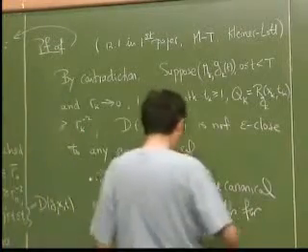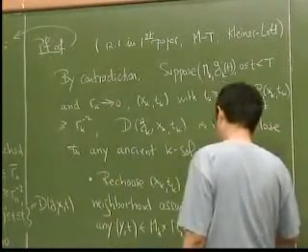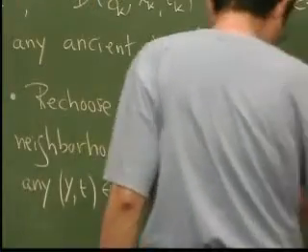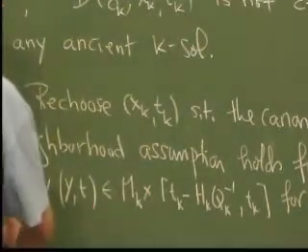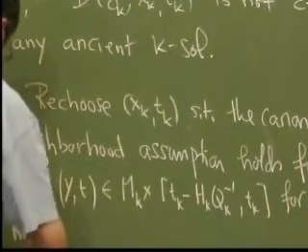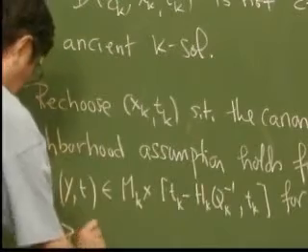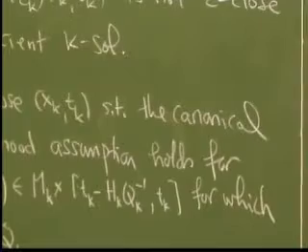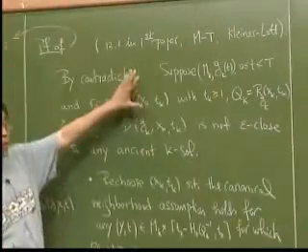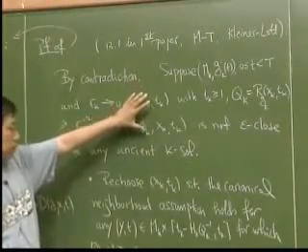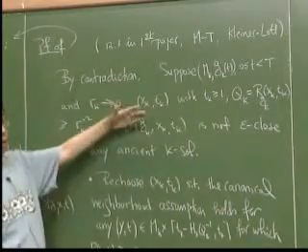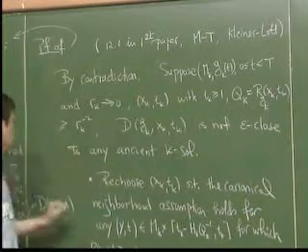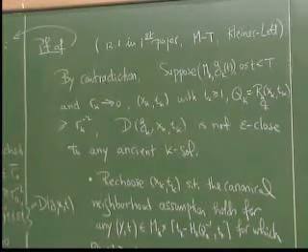And for any point for which R(y,t) is twice bigger than Q_k. So namely, I want to choose this is a worst point: if the scalar curvature is twice bigger than this constant, then it's close to a canonical neighborhood.